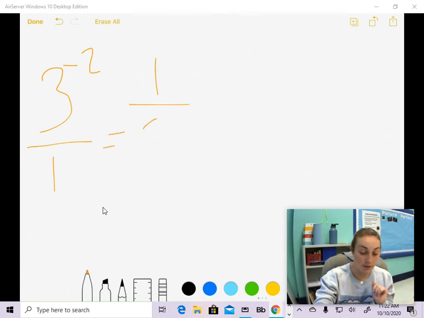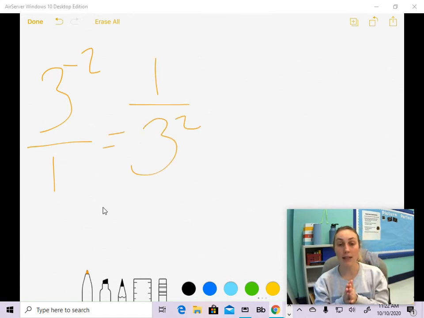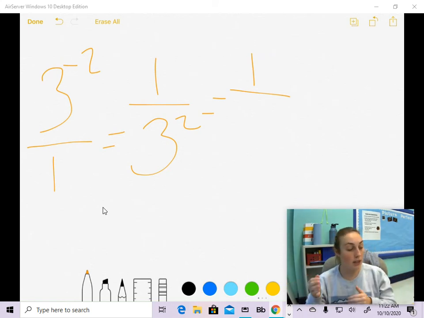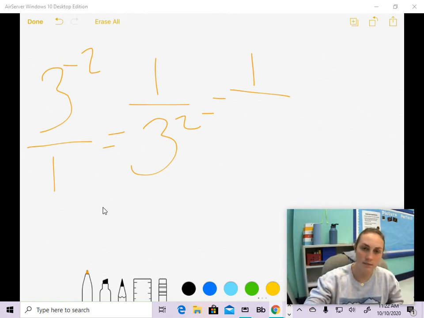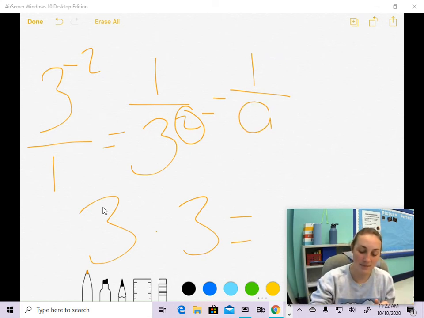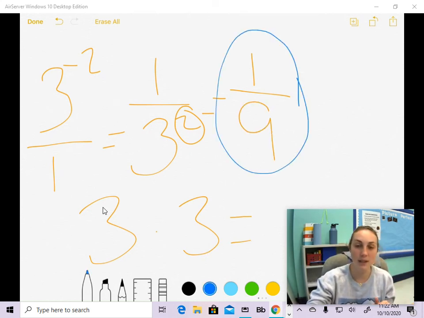Let's flip that fraction, and it makes that exponent positive, and then you can solve it like you would regularly. So it would be 1 over 3 times 3 times 3, oh wait, no, this is 3 squared. Just kidding. It's just going to be 3 times 3, and that's going to be 9. Okay, so the answer becomes 1 over 9.